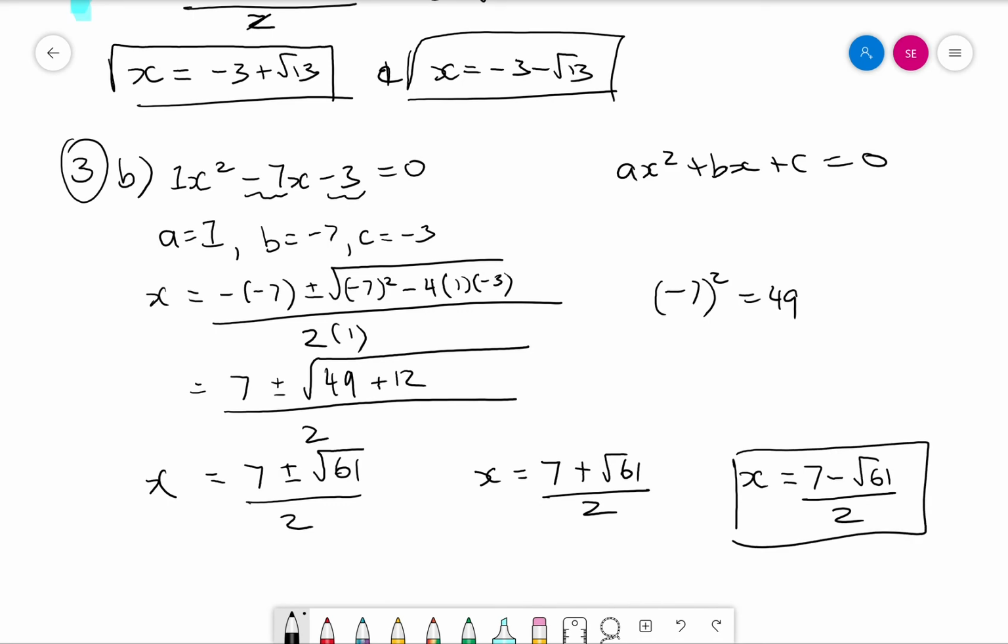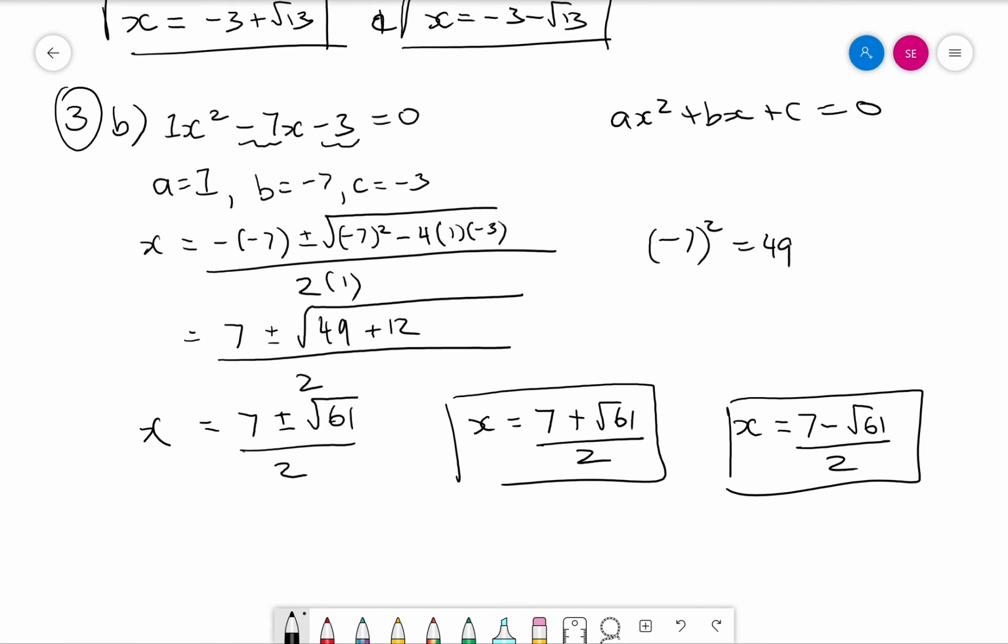Why I think it's as simple as it can get is because we have 2 on the bottom, which is an even number, but 7 is odd. So we're probably not going to get any simpler.